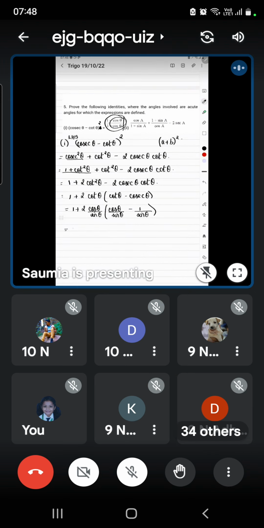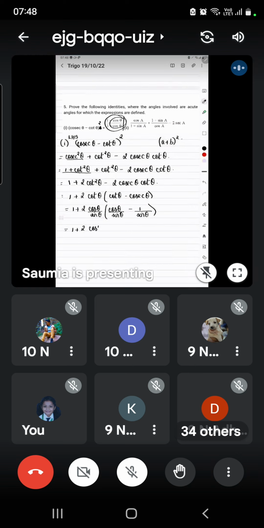Now look at the bracket. We always sort out the bracket first. Now in the bracket, I have two fractions with the same denominator. So I can write it as this. Correct? Now, look at my expression after 2. I have one fraction multiplied by other fraction. So what can I write?